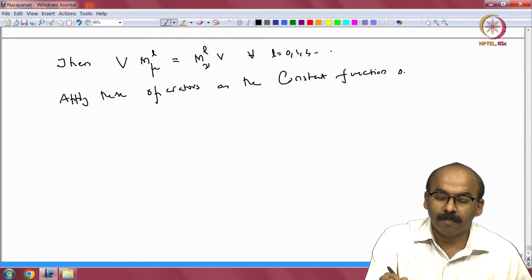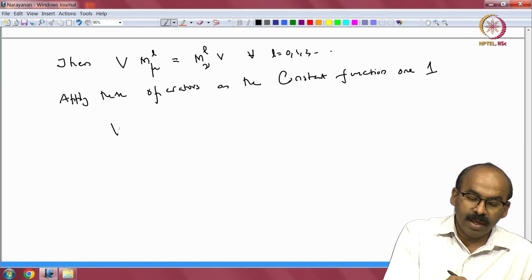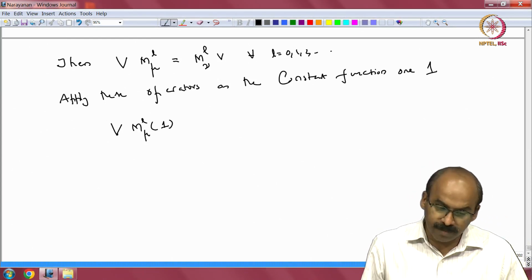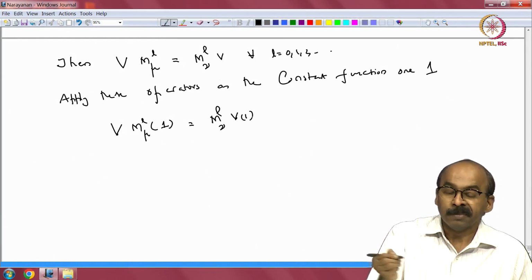We will denote it by 1. So, we will get V acting on m sub mu to the L acting on 1, right. So, V times m sub mu to the L acting on the constant function 1 equal to m nu to the L V 1, right.